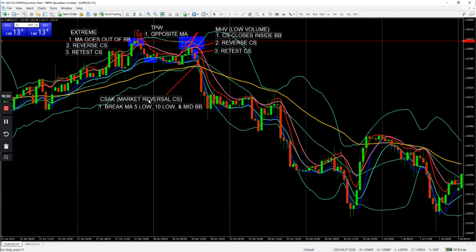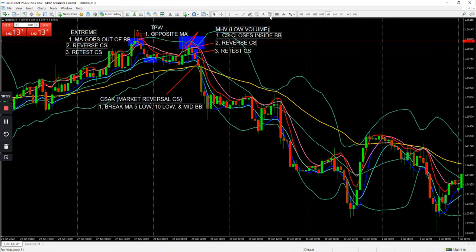This is a confirmation. It has to break all three MA lows and the mid BB. This is not a confirmation that the market is going to reverse because it breaks the mid BB, but it does not break the MA 5 10 low.